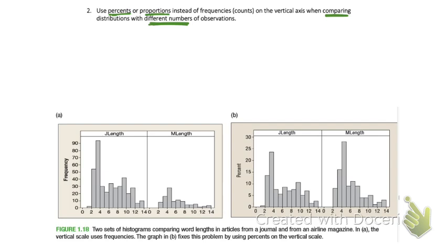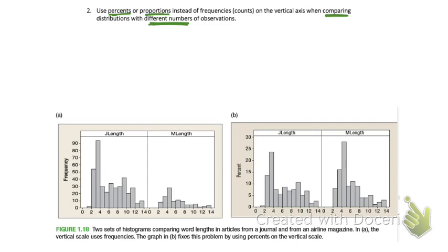What do you think is going to be true about the words in a medical journal? They're going to be bigger, longer words, right? In a magazine, you're going to have little short words. So these show 90 3-letter words and 30 4-letter words, and over here we don't have very many 4-letter words. But why not? There's not as many words in general in a magazine.